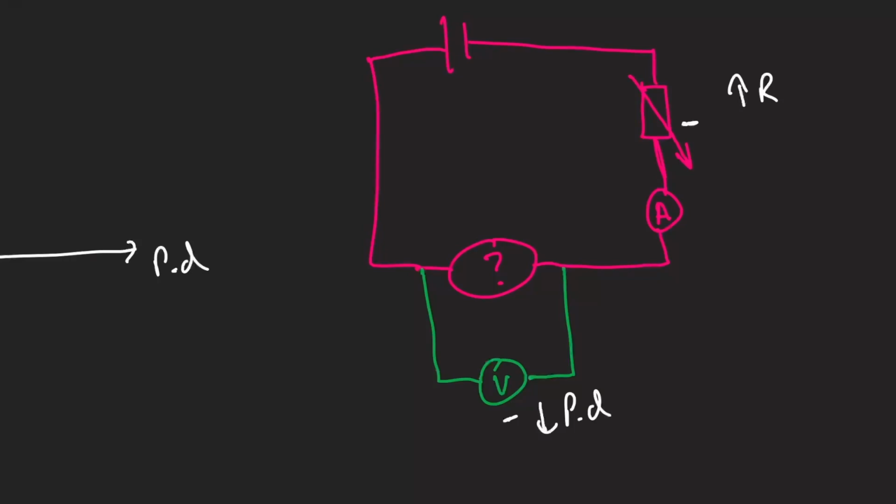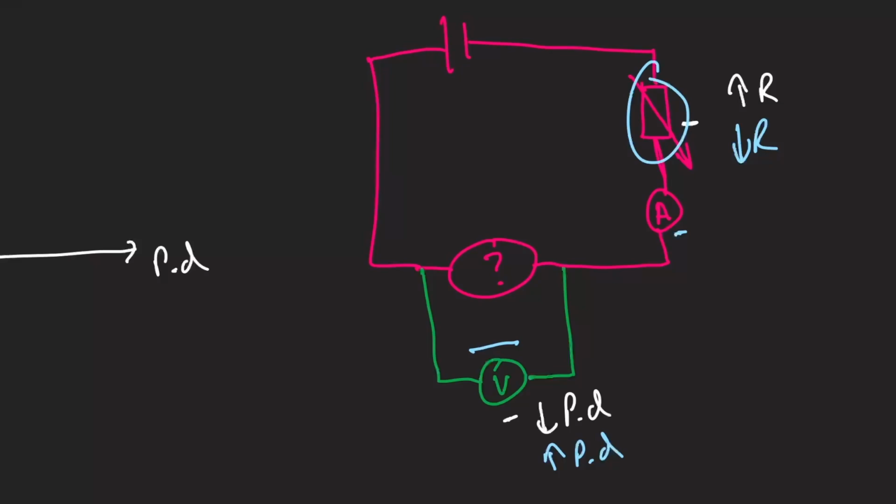We could also decrease the resistance and we'll get an increased potential difference when we do that. So we can play with the variable resistor, and when we do that, we can change the value of potential difference through here, and we'll also get a different reading through our ammeter.